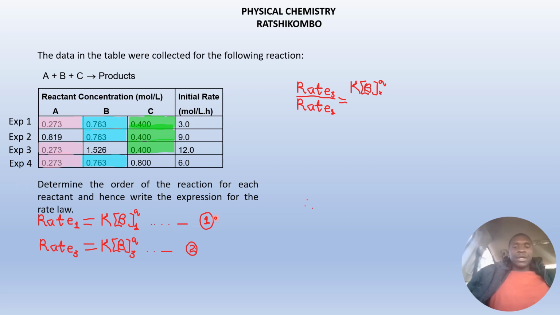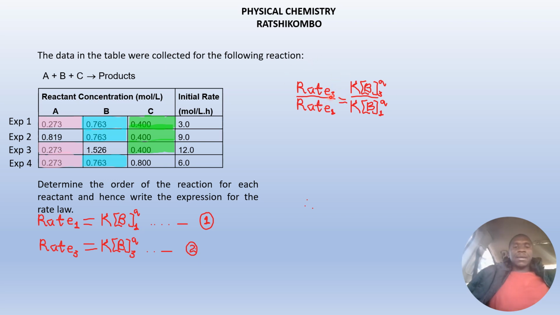So now, from there, we write 3 here to indicate that we are referring to experiment 3, which is only this line, right? From there, we divide by K, square brackets B, close brackets Q, and then we indicate that we are referring to experiment 1. From there, let's now talk about rate 3.